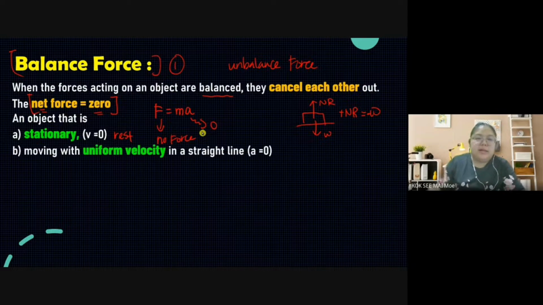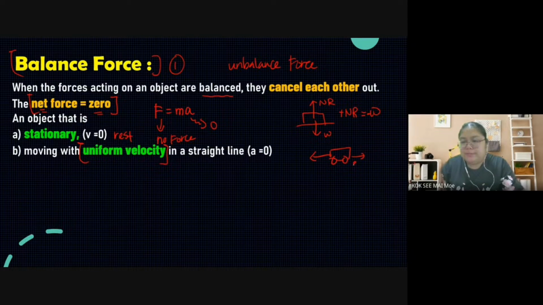Okay, another situation is moving at uniform velocity. Now I have moving already, but still no net force. Still balance. Why? Because the object is moving in front and also friction. Friction goes backwards. So that means you're moving in front with 5 Newton, friction also is 5 Newton. You're still moving, but at constant velocity. Constant velocity means what? Acceleration equals 0.